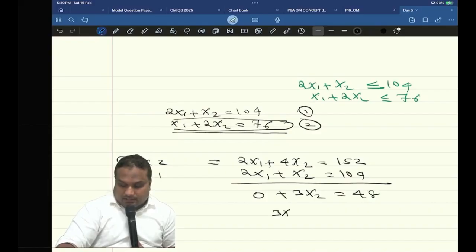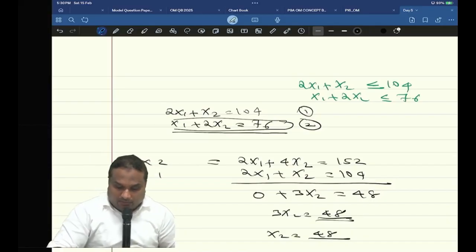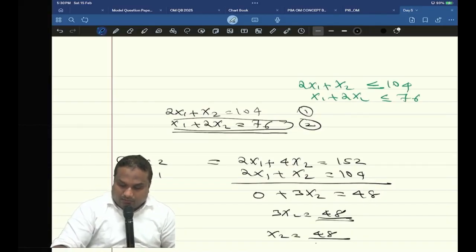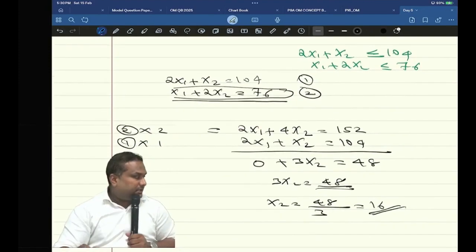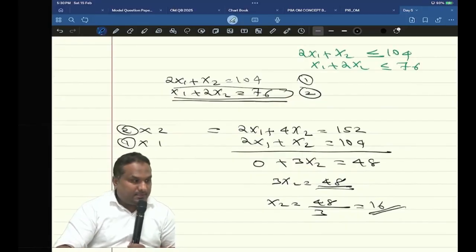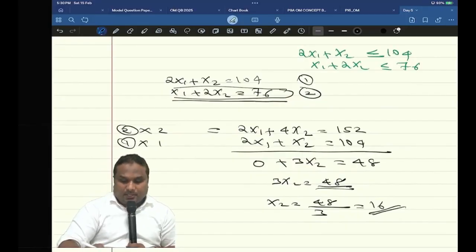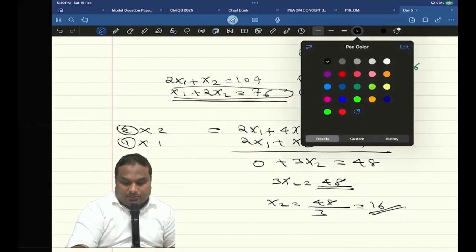So x2 is equal to 48 divided by 3, which is 16. So x2 is equal to 16.